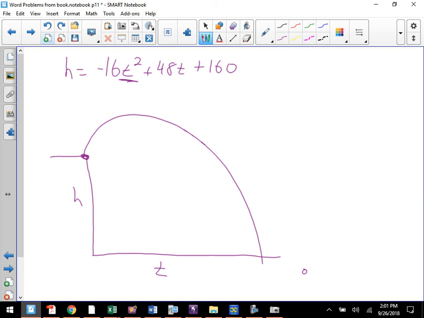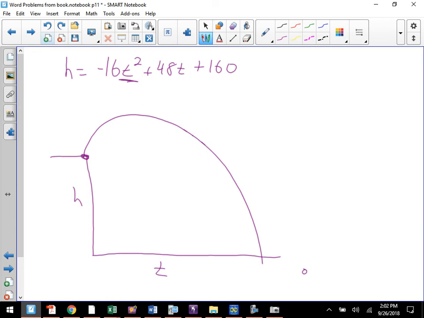Now, if you throw that in the calculator and calculate your maximum, what's that going to find? The maximum height. Now, in that ordered pair, is it going to be the x or the y? The y. The y value is represented by the height.